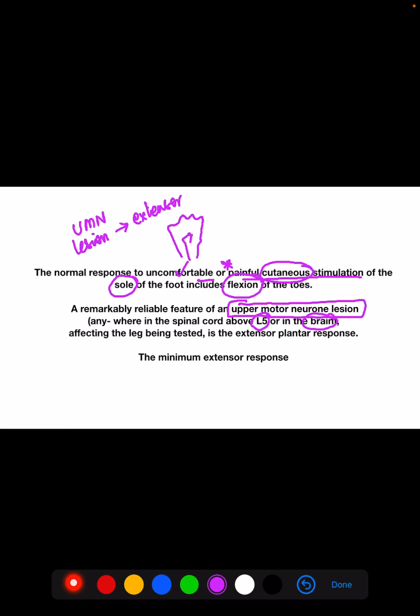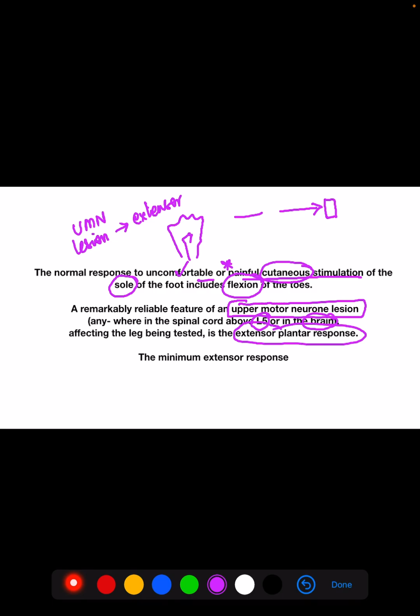So in the affected leg, suppose a patient has hemiplegia and you check the plantar reflex of that limb, there will be an extensor plantar response. In normal patients, because of this painful cutaneous stimulus, there will be flexion of the toes.